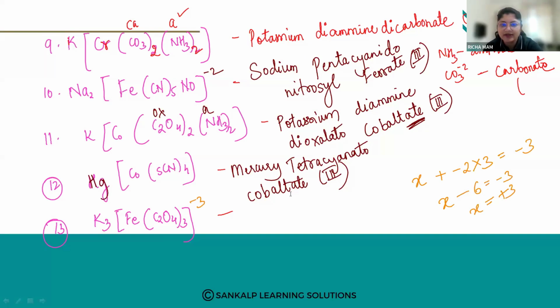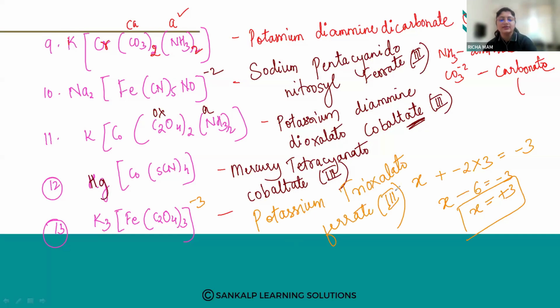Potassium trioxalatoferrate 3. Very good. So potassium trioxalatoferrate 3. Very good. So this completes our names for anionic complex.